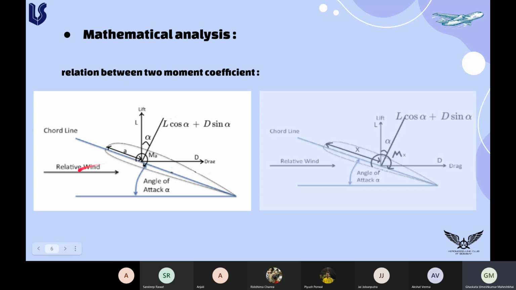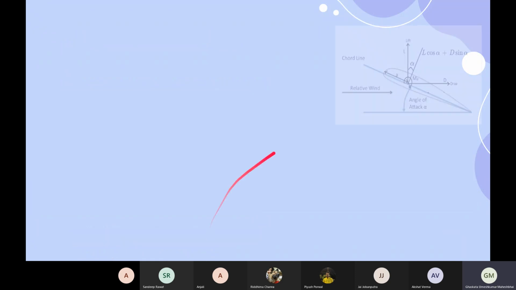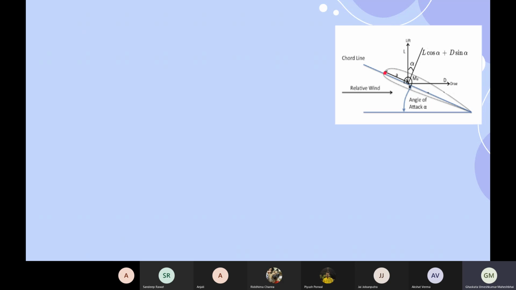For the same airfoil at the same angle of attack, another moment is Mx, at a distance x from the leading edge, right? Before we proceed, keep in mind that nose up moment is positive and nose down moment is negative. So for this diagram, the moment about the leading edge can be written like this.